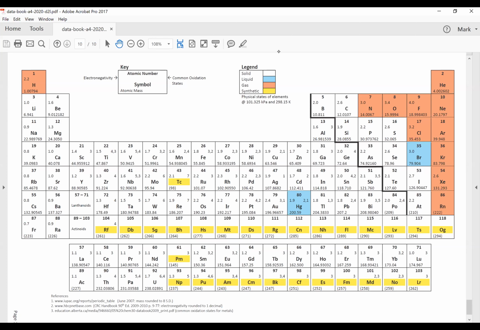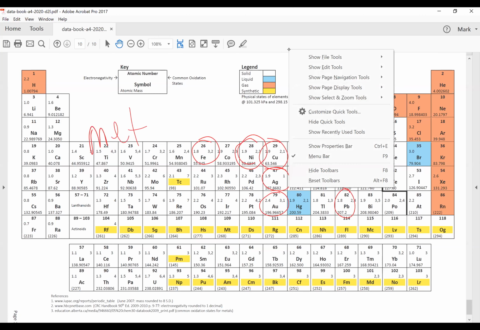Okay, nickel, iron, gold, silver. What's another one? Lead, right? Copper. When you hear the words iron, nickel, copper, silver, your brain should instantly say metal.